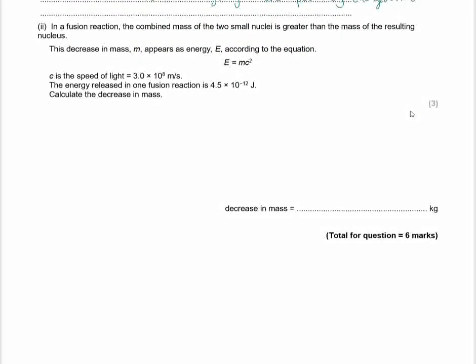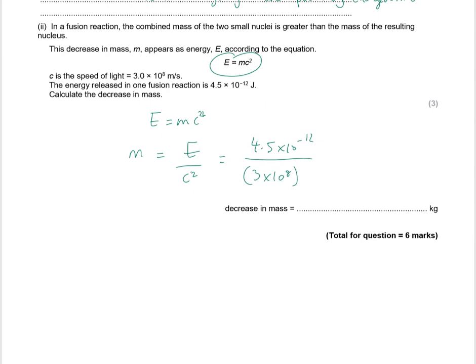Okay, now this one here should be straightforward. So E is equal to mc squared. We need to find mass, so rearrange it for mass: E over c squared. Now energy we know, so 4.5, divided by the speed of light, which we know.